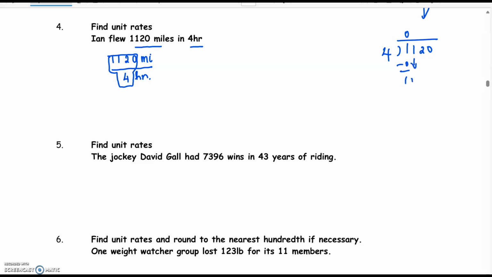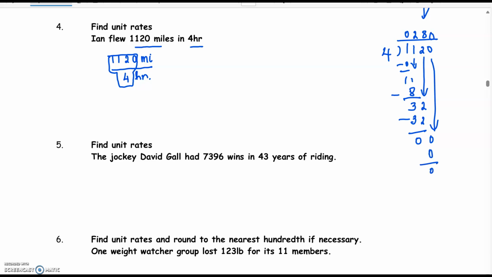Bring the 1 down. 4 times 2 is 8. We subtract to get a 3. 4 8s are 32. Subtract, bring the 0 down, and 4 zeros are 0.